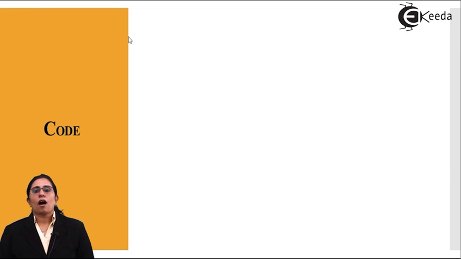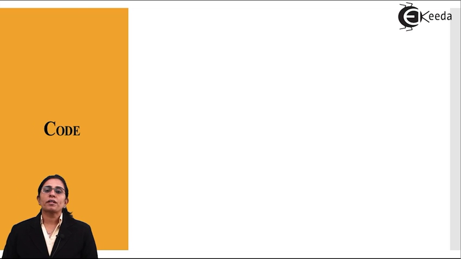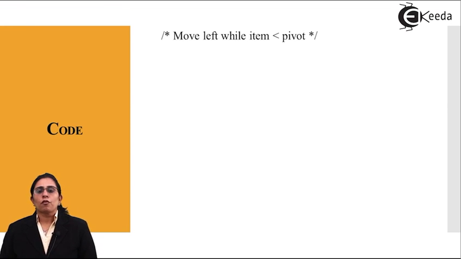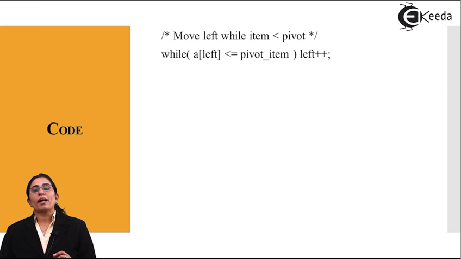Now let us see how the code for the quicksort actually works. That is, after the partitioning, how the quicksort uses the pivot element to put the data at its proper position. While we have to move from left where my item is less than pivot, my condition is while A of left, that is the data at the left position, is less than or equal to pivot, then I do left plus plus.